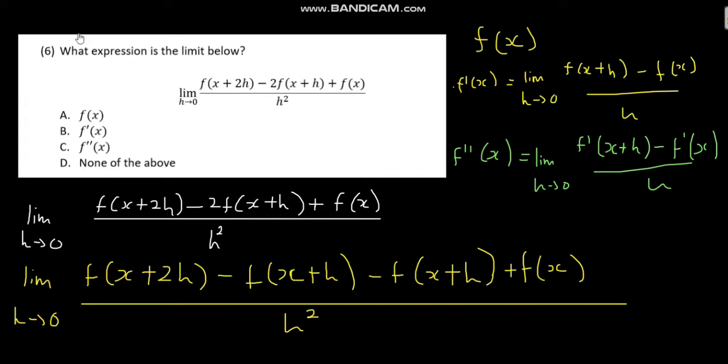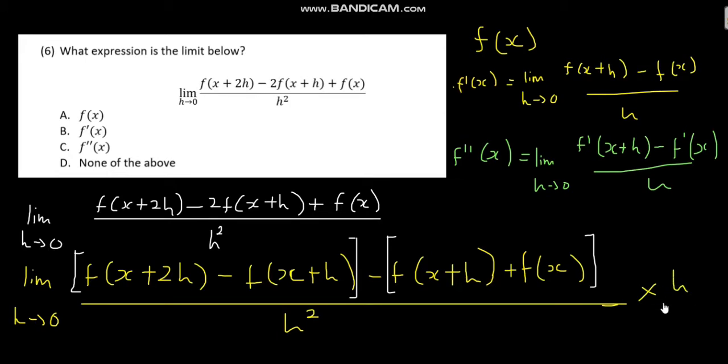From here, I'm going to separate these two so that we have two different expressions. Then to get rid of the squared here, I'm going to multiply by h.